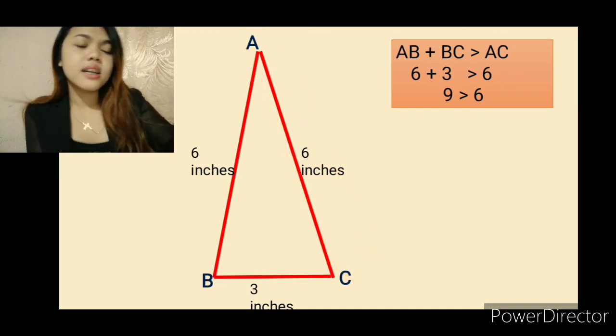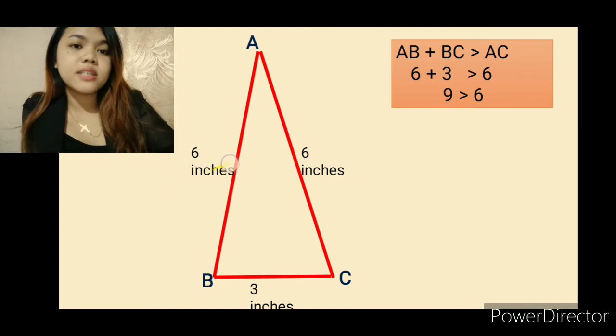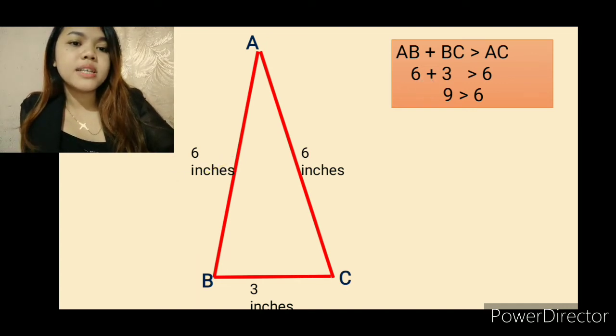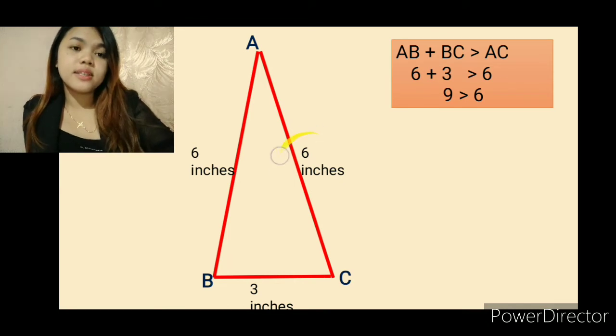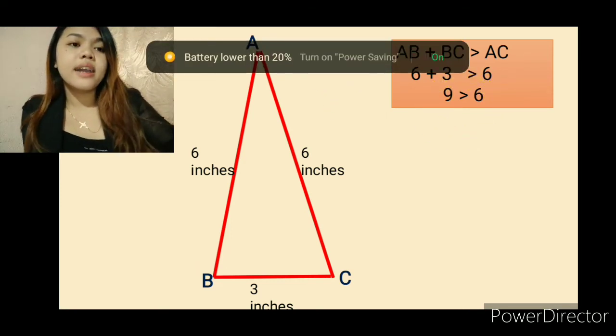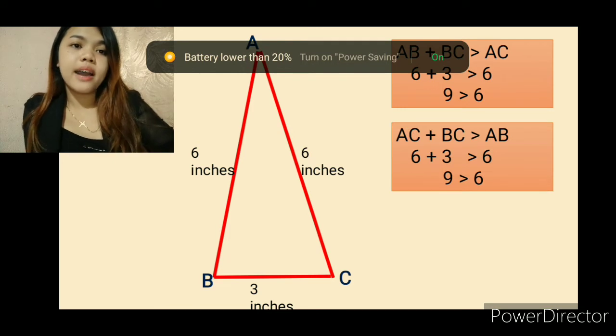So let's check. AB is 6, BC is 3, and AC is 6. So 6 plus 3 is equal to 9, and 9 is greater than 6. So it is correct.